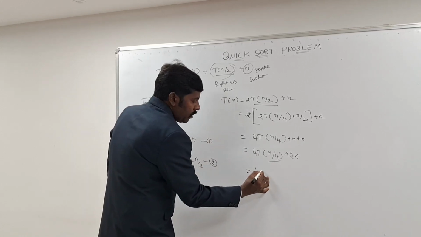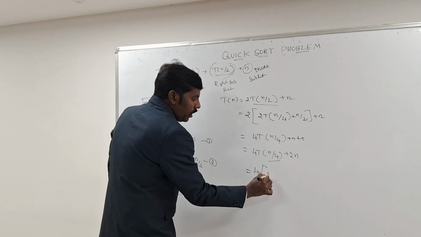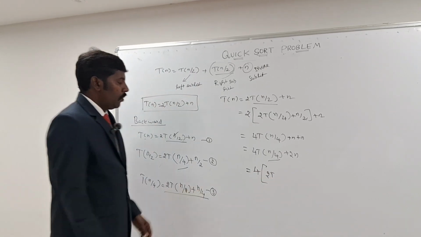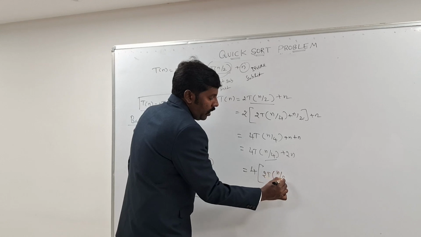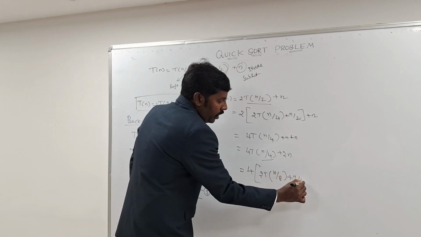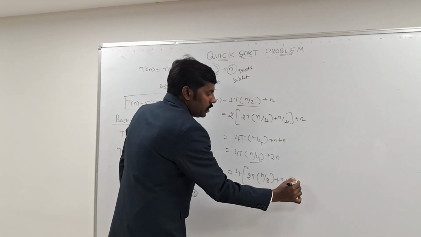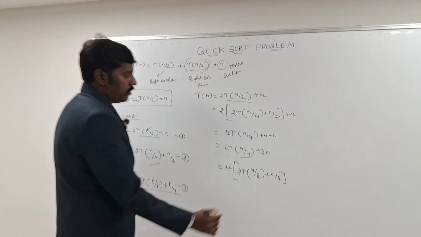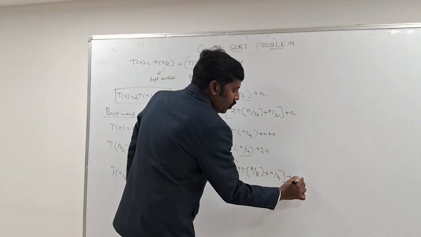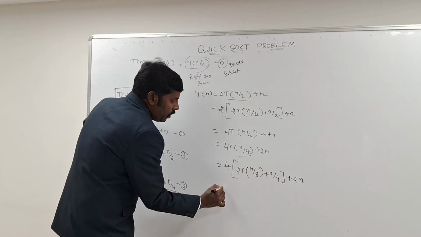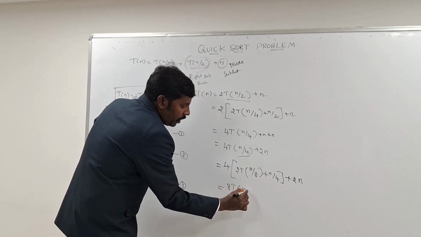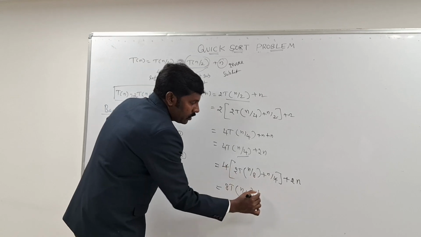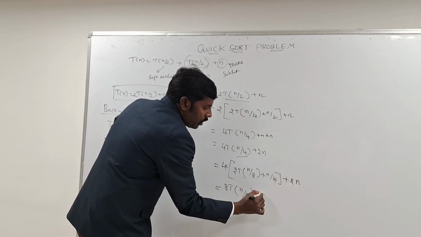So 4 times (2T(n/8) + n/4) plus 2n. 4 into 2 is 8T(n/8), the 4 cancels, plus n plus 2n.